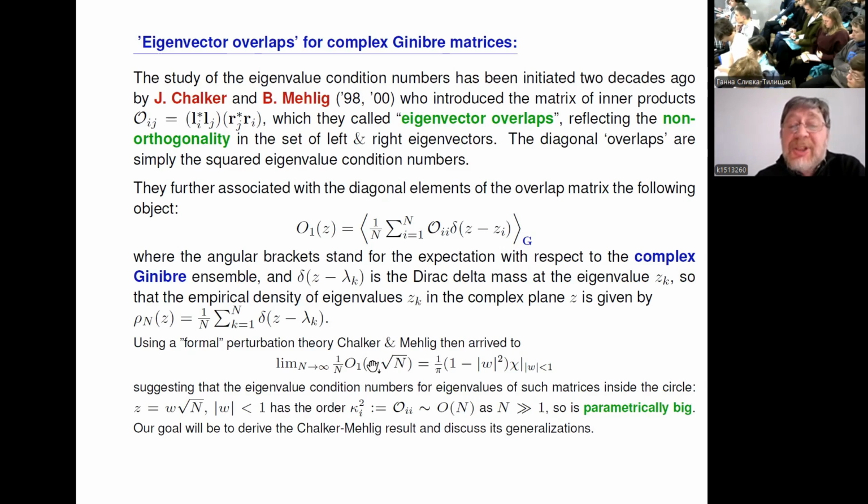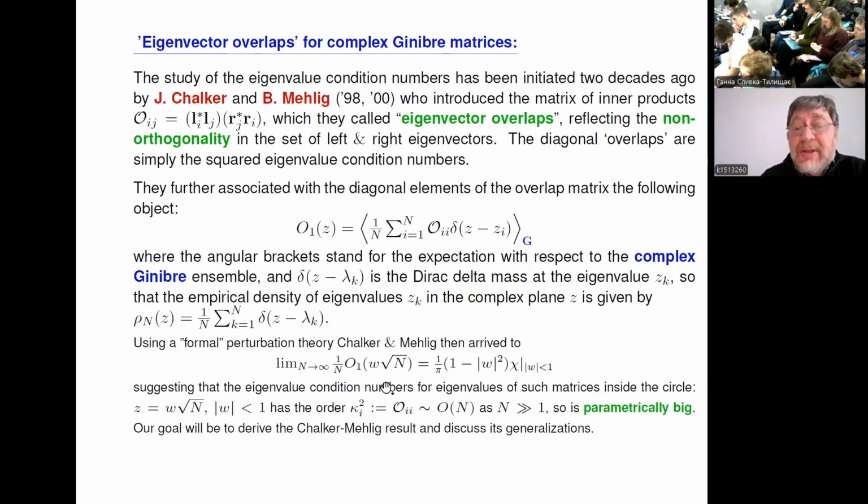Then at such a typical point, it turns out that there exists a finite limit of this object divided by n when n tends to infinity, and this limit is just equal to 1 over pi, times 1 minus modulus squared of the normalized position of this eigenvalue, where chi stands for the characteristic function of the condition that modulus of w is smaller than 1.